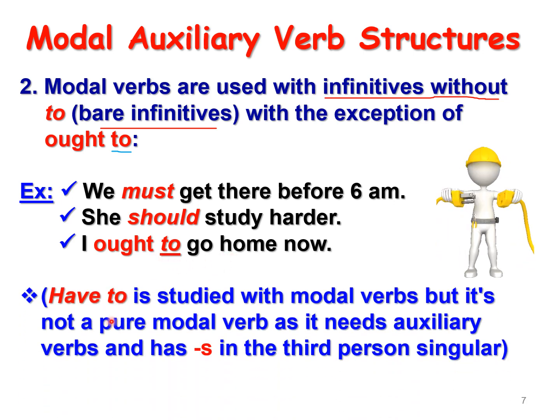Okay, have to is started with modal auxiliary verbs, but it's not a pure modal verb as it needs auxiliary verbs and has an s form in the third person singular, like I have to, she has to, or he has to.